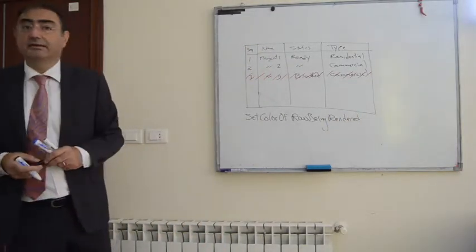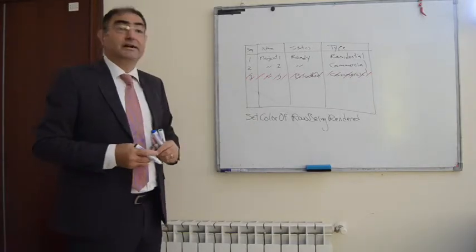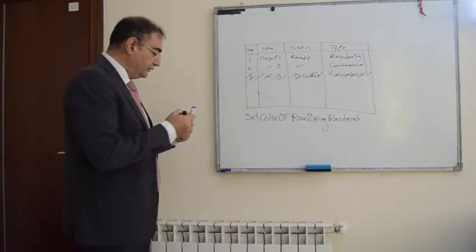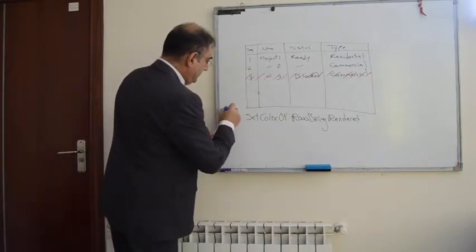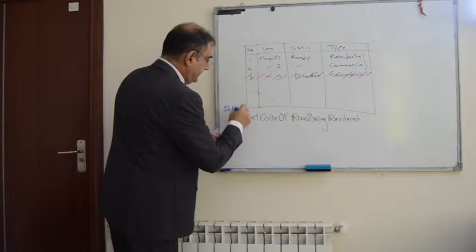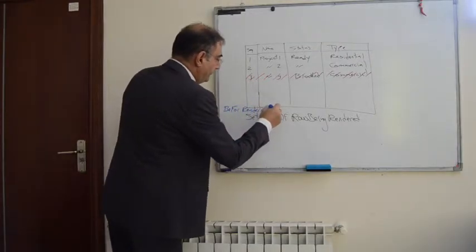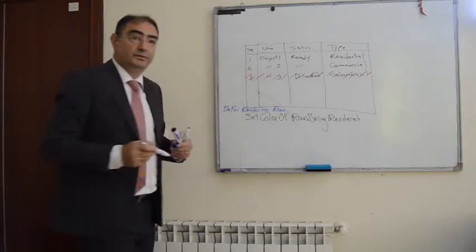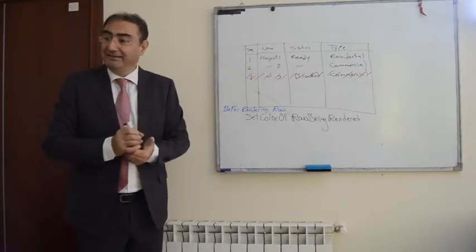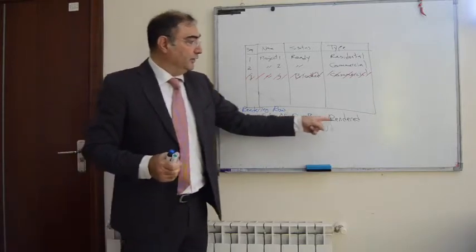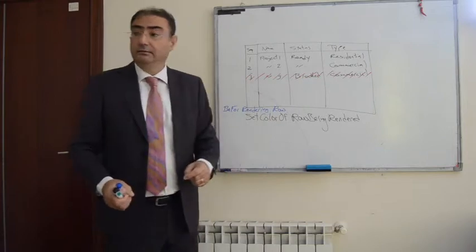That's an event function. Okay? When do we need to run this function? We need to run it before rendering row. So before rendering row of this object, we need to set the color of row being rendered to red.